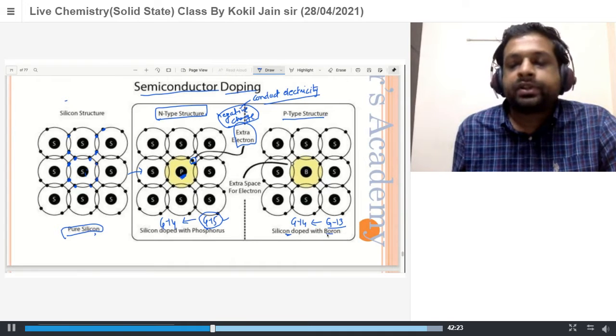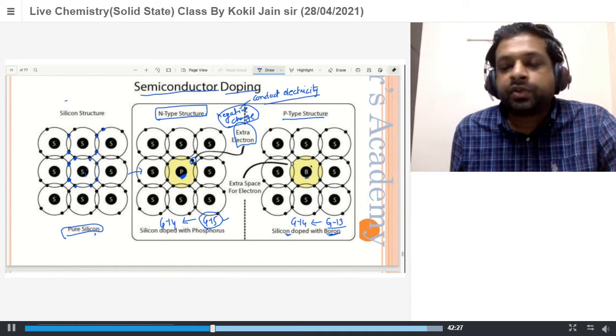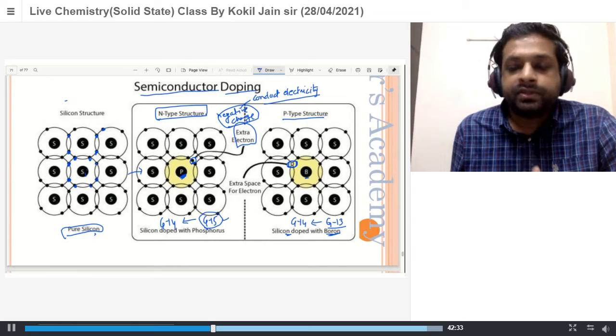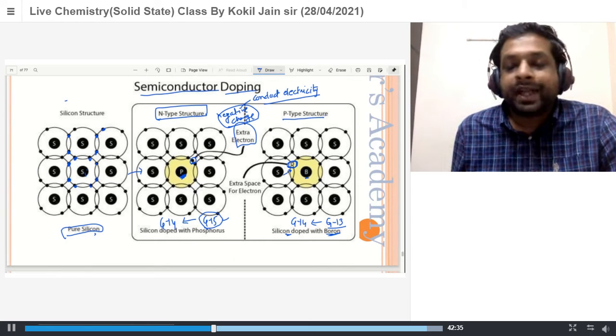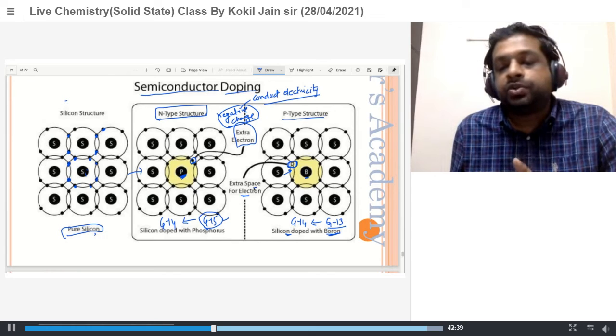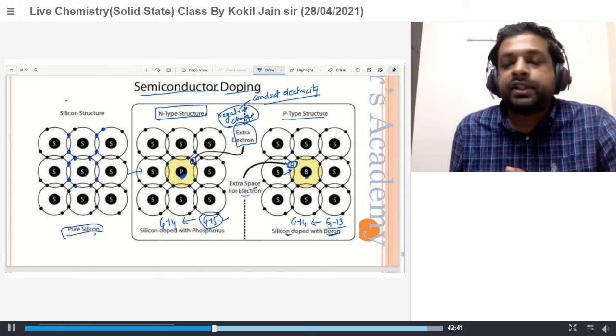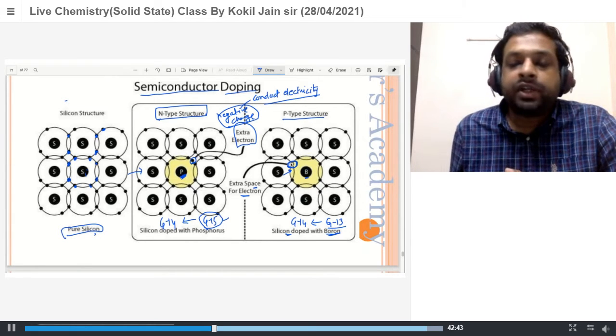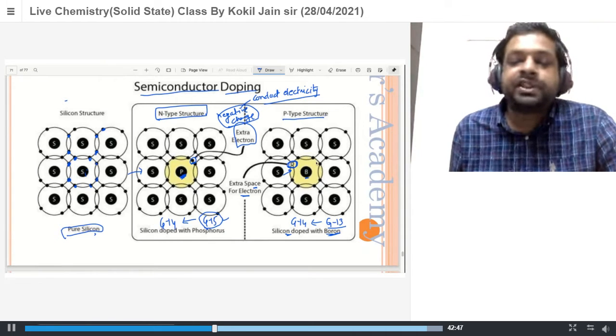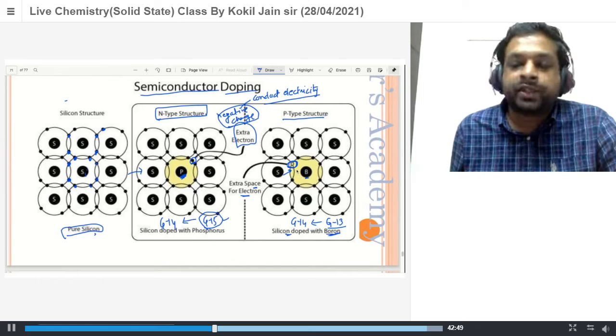Boron is going to have one less electron. It is going to create this vacancy here, one extra space for an electron. Now, because of this, other electrons can replace it and move inside this crystal. Movement of electrons can happen because of this hole here.